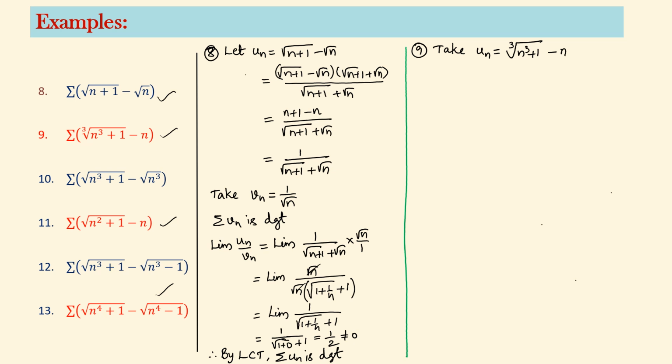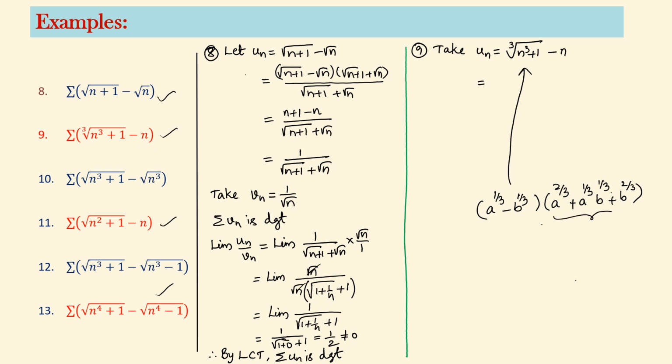This can be written as a power 1 by 3 minus b power 1 by 3. If we have this, its conjugate is a power 2 by 3 plus a power 1 by 3 into b power 1 by 3 plus b power 2 by 3. So this question is in the form of this factor.